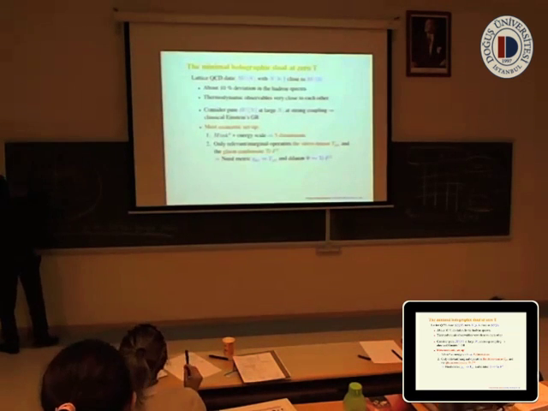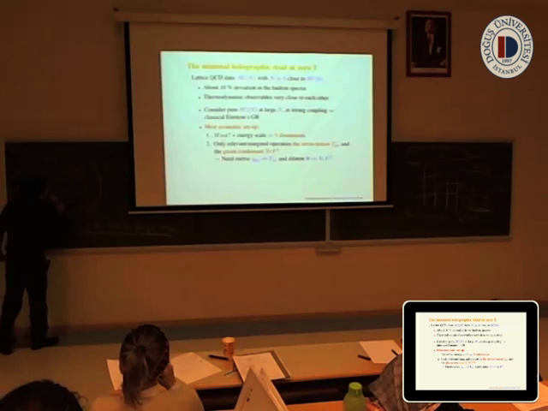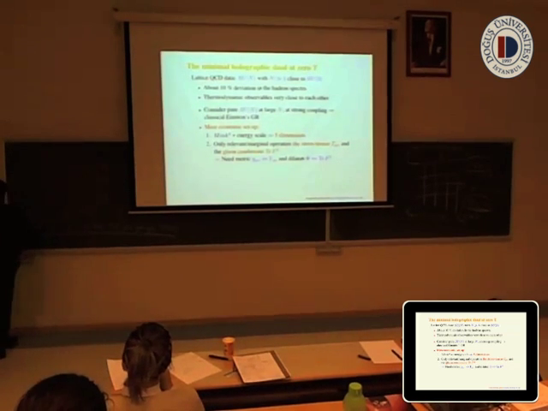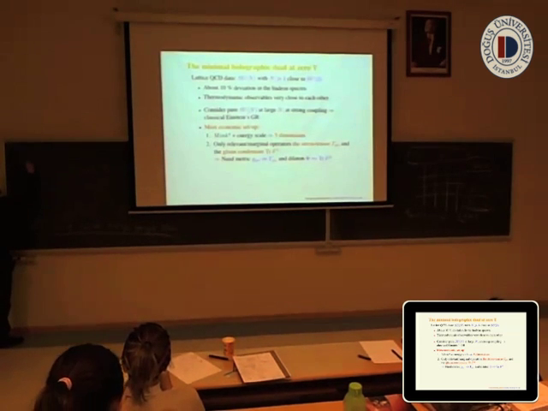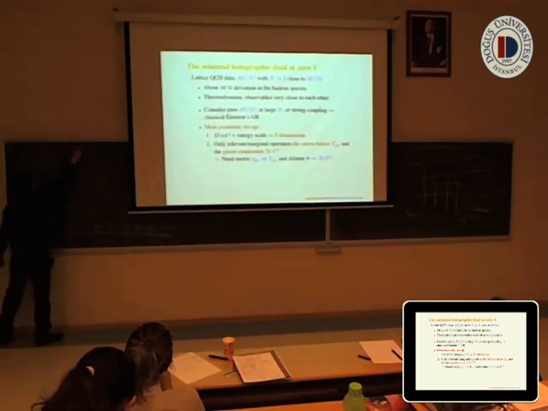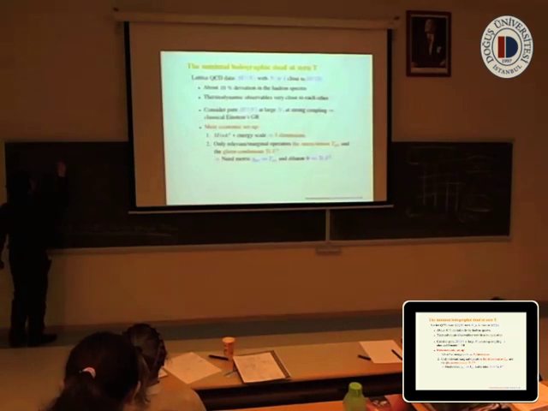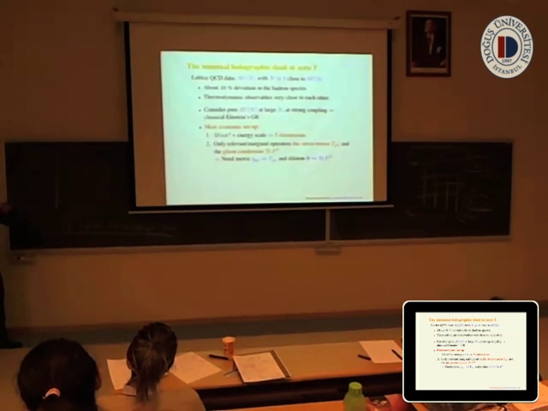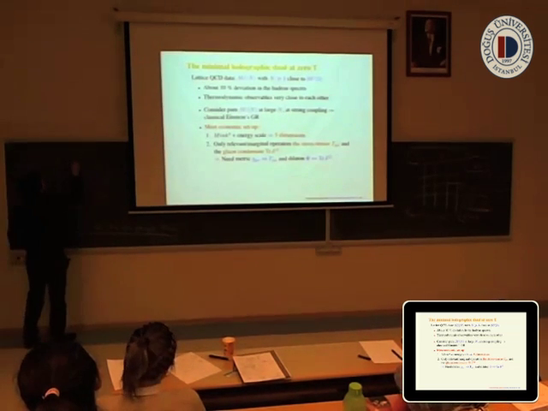The idea is that you can show that if you take the number of colors to be very large, this is the quantum field theory side, and this is the GR side. Taking large N corresponds to the coupling constant of the strings, which describes the interaction of strings among each other, going to 0.